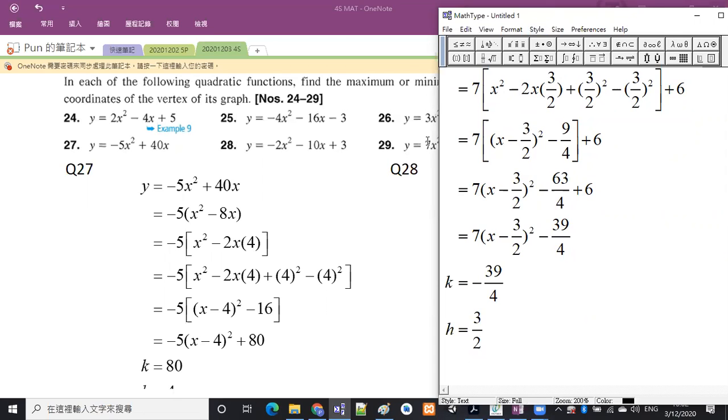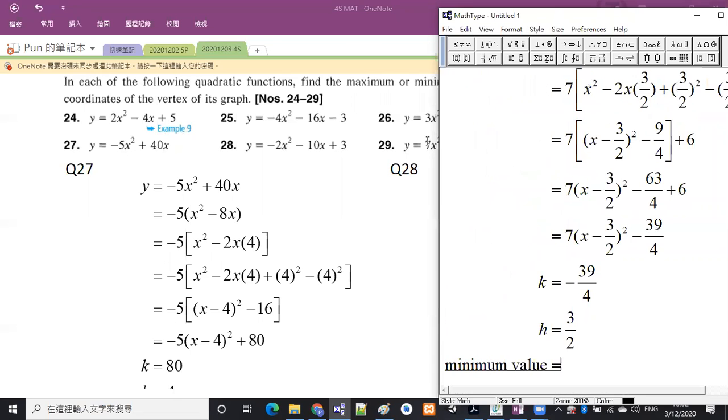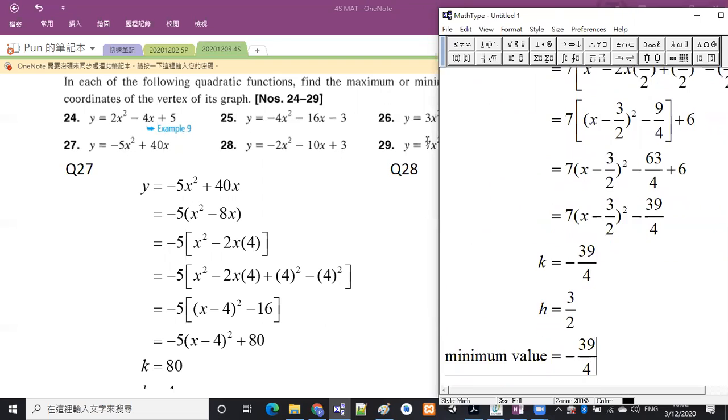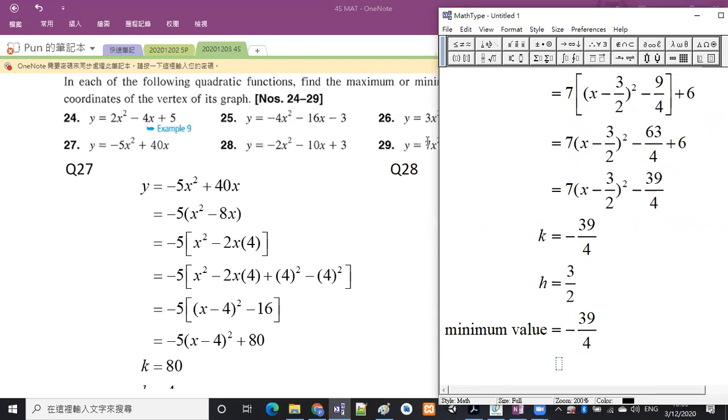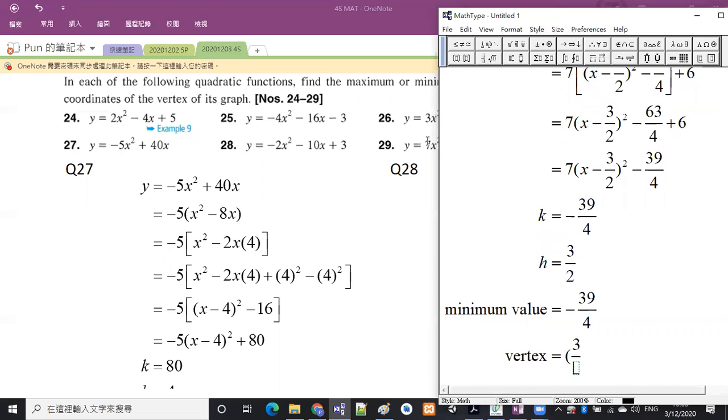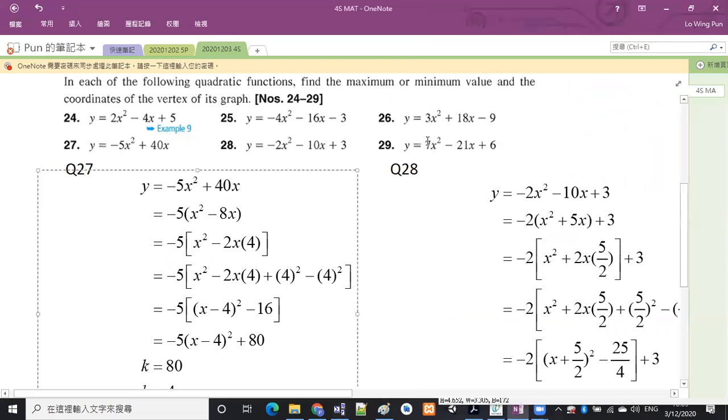So this time the minimum value is equal to negative 39 over 4. And then the vertex will be 3 over 2 and negative 39 over 4. Okay, so that is the answer for question number 29, sorry.